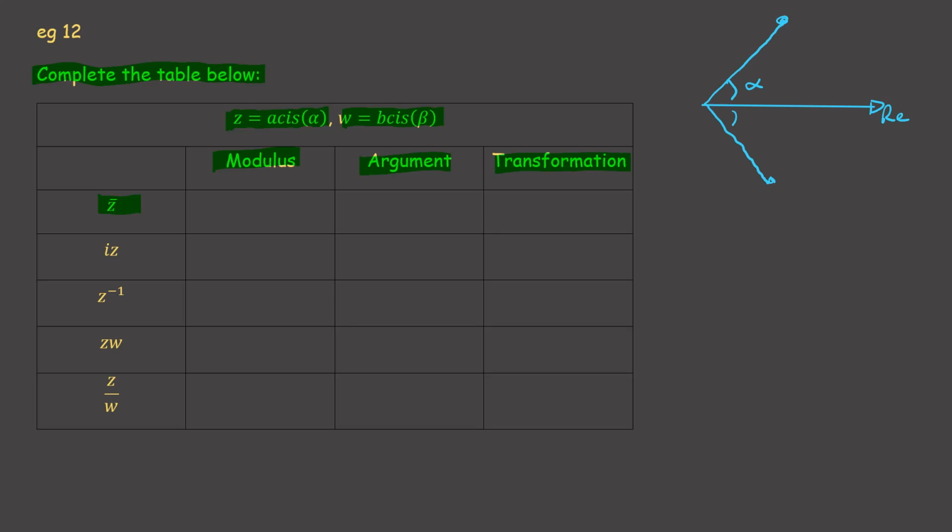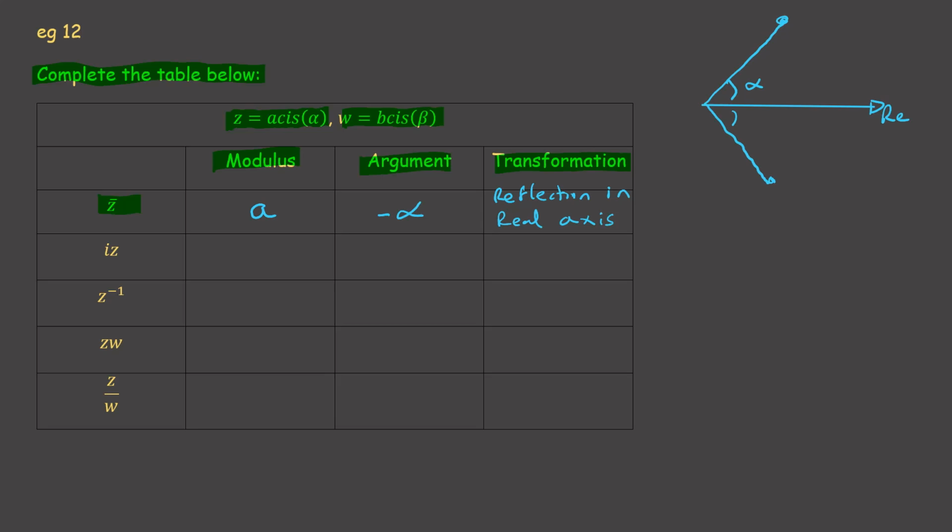So it will have the same length because remember it's only the sign of the imaginary part that changes. So it's going to have a modulus of A. The argument would be negative alpha and the transformation is a reflection in the real axis.